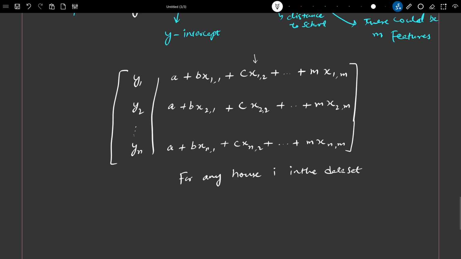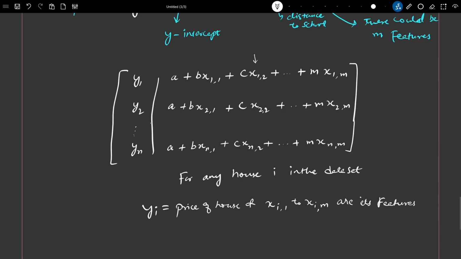Okay. So yi will be the price of the house, and xi1 to xim are its features.